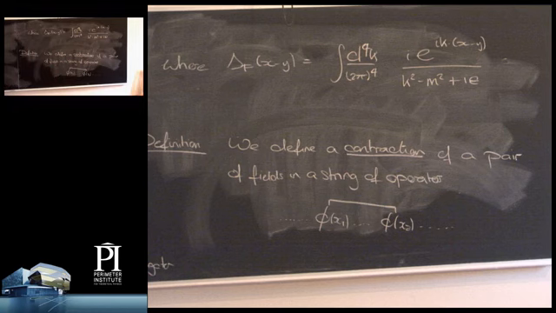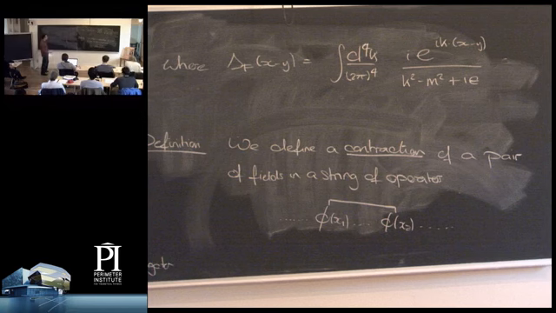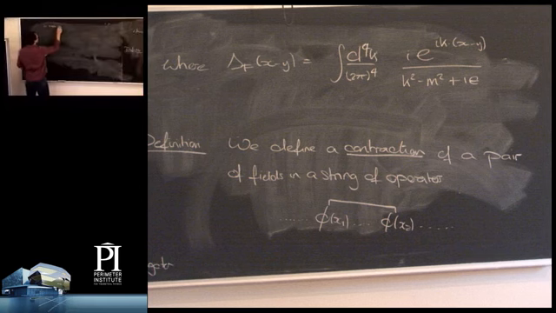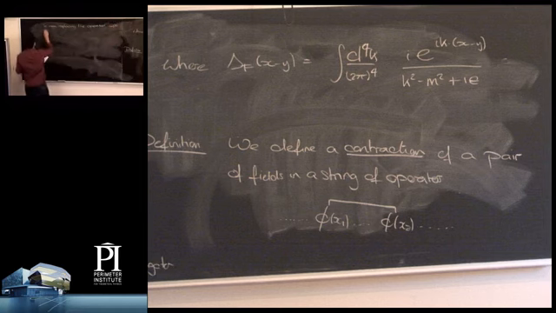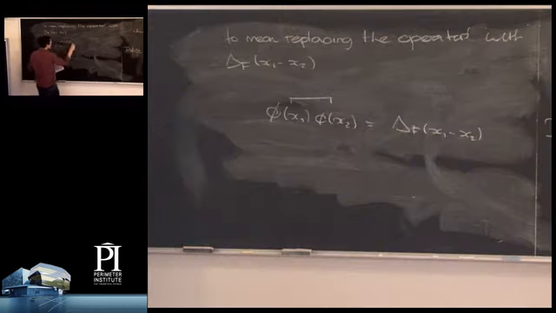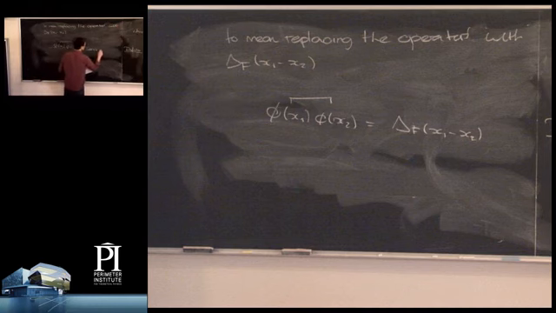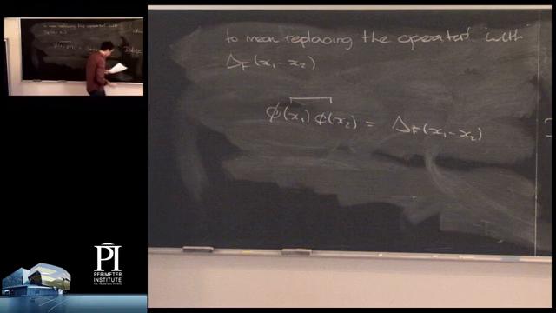So if you ever see this, we define a contraction of a pair of fields in a string of operators to mean replacing the operators with the Feynman propagator, and leaving everything else as below, okay?